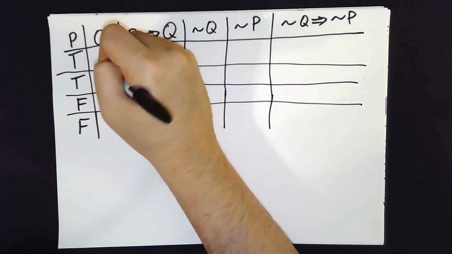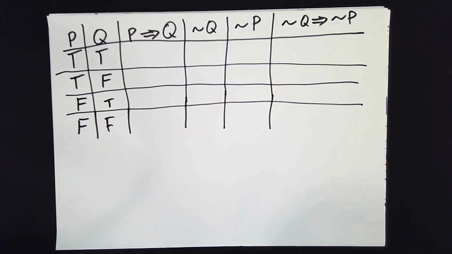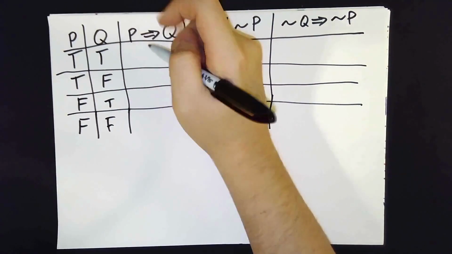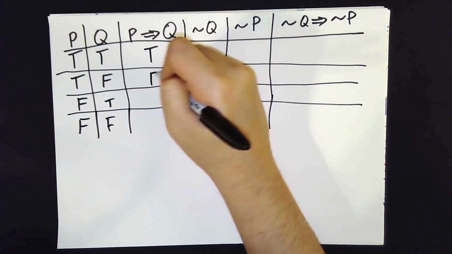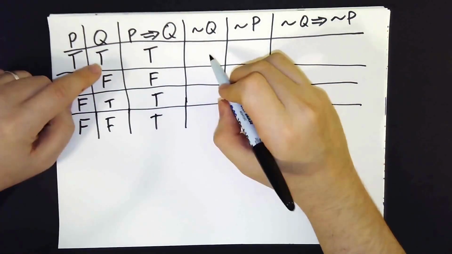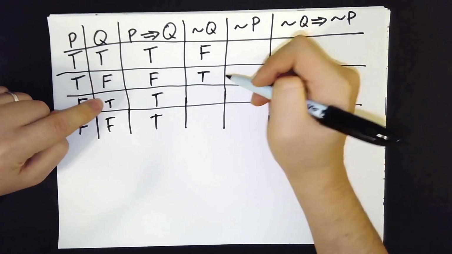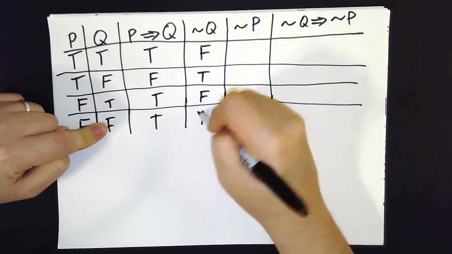Okay, so let's quickly fill out a truth table where we're going to fill in all of these pieces. We know our implication. Hopefully we're getting this internalized. Okay, not Q should flip Q, so this should go false, true, false, true.